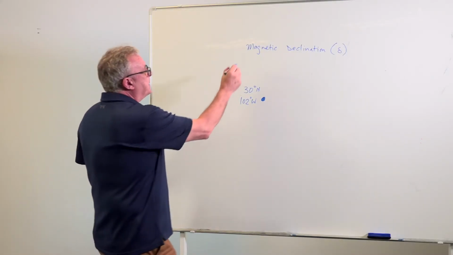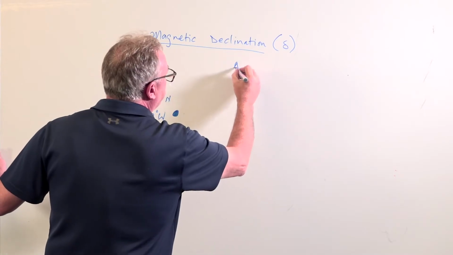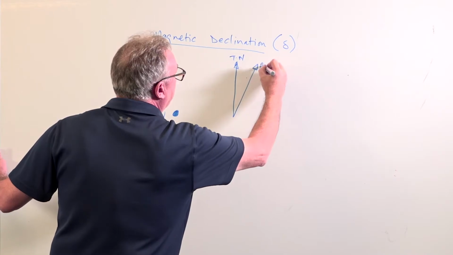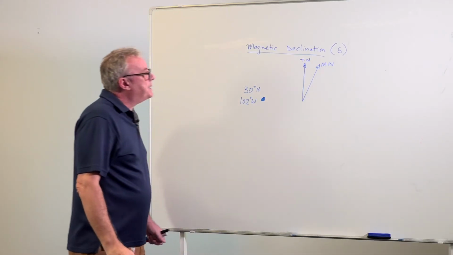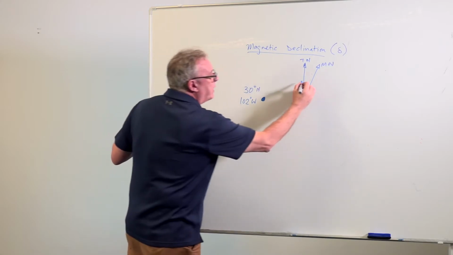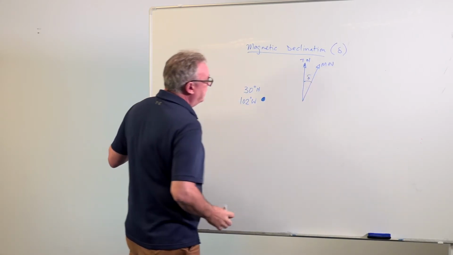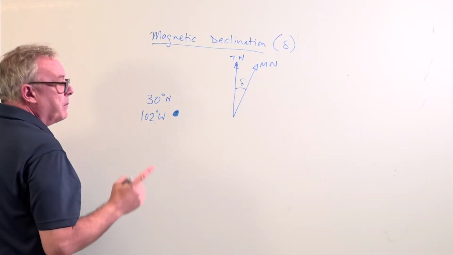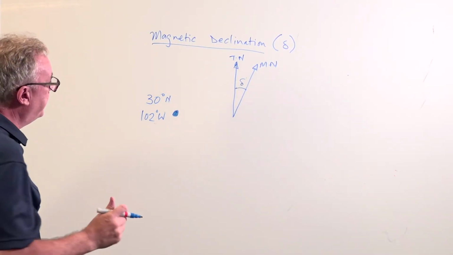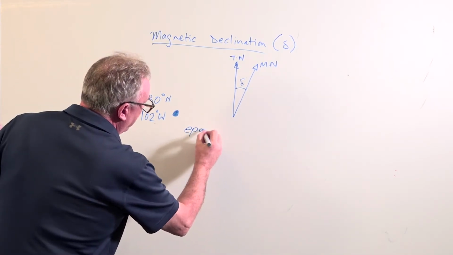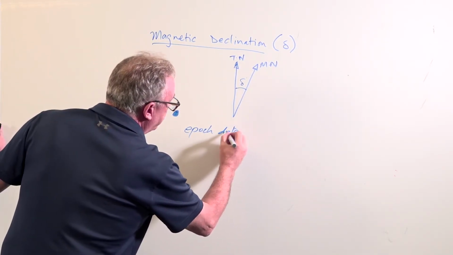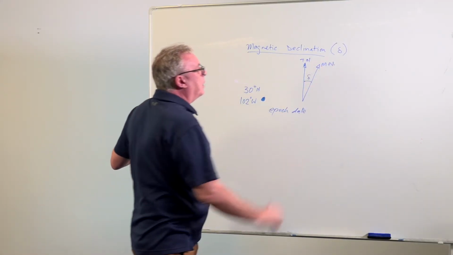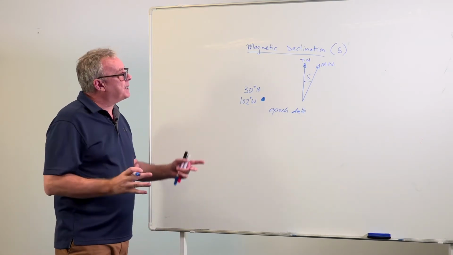Now, when I calculate magnetic declination, which is going to be my relationship between true north and magnetic north, in order to derive the value of declination I need to introduce not only the geospatial position of where my wellhead is, but also a third piece of information, which is an epoch date. The reason we need an epoch date is because the magnetic north pole wanders. It is not in a static position.